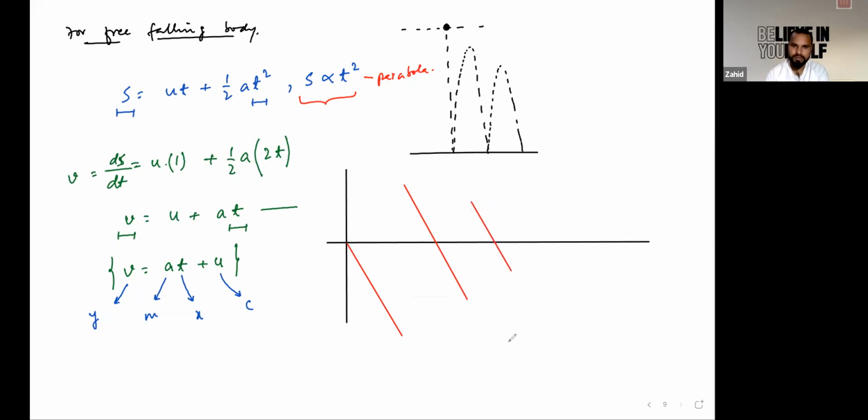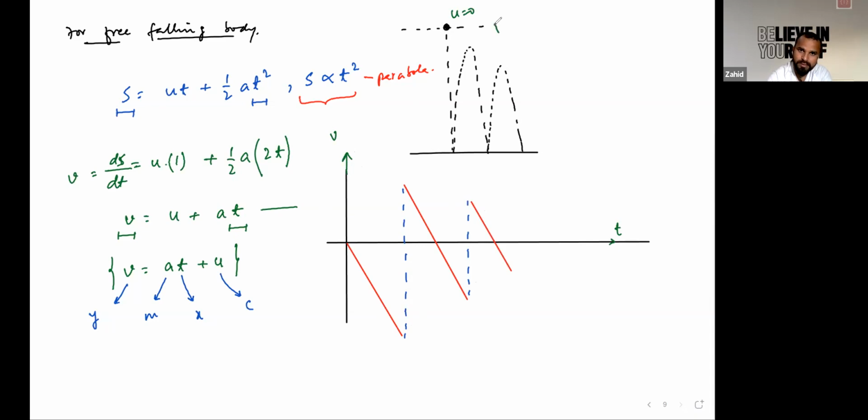Now I'm explaining why this particular curve keeps on decreasing. This is your y coordinate, and this is your x coordinate. Let's say at this particular highest point, the initial velocity of the body would be 0.